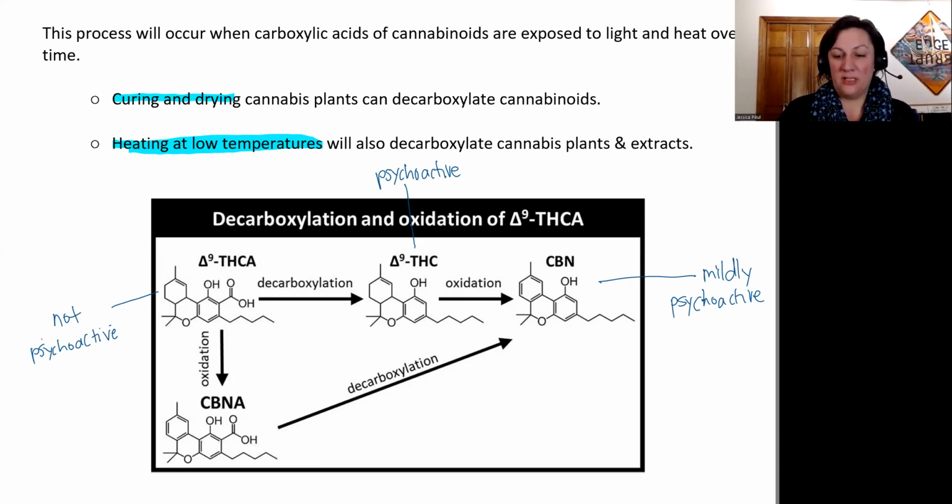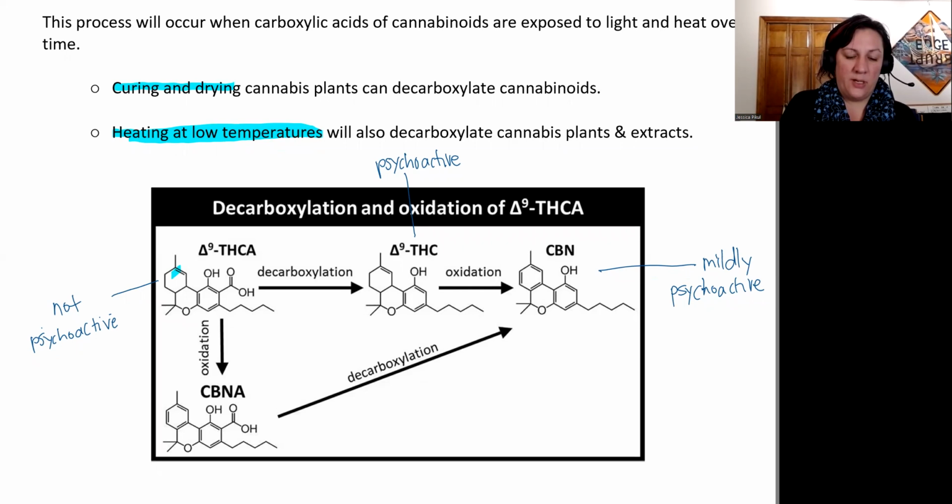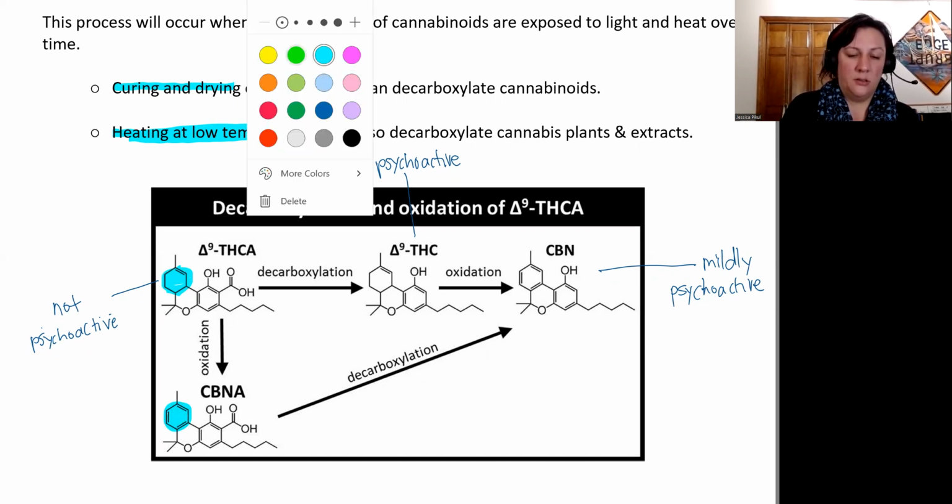CBNA is another route to CBN as well. Some of our THCa will oxidize just to CBNA and then decarboxylate to CBN. When we're looking at this oxidation component, what's changing here is this six-membered ring right here, and you can also see it on this one over here.